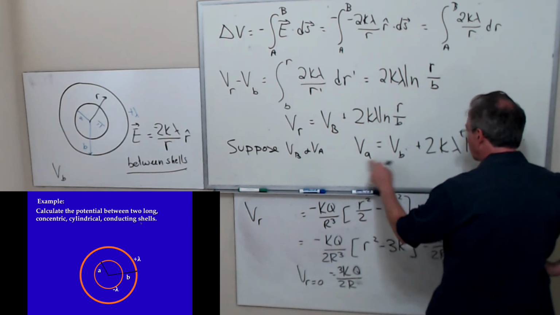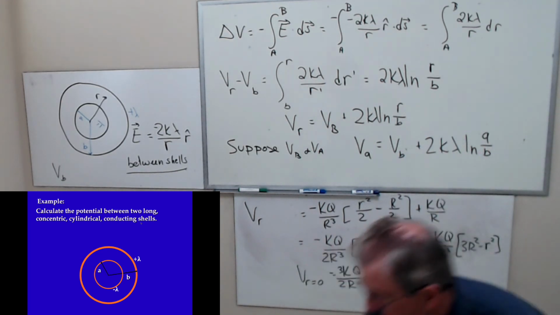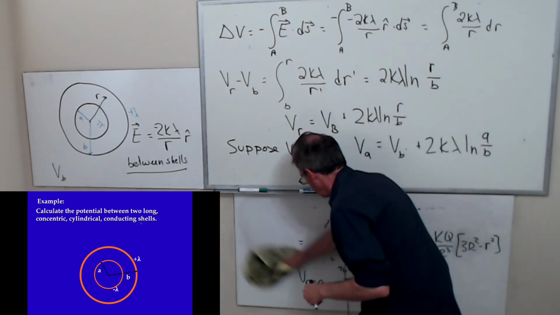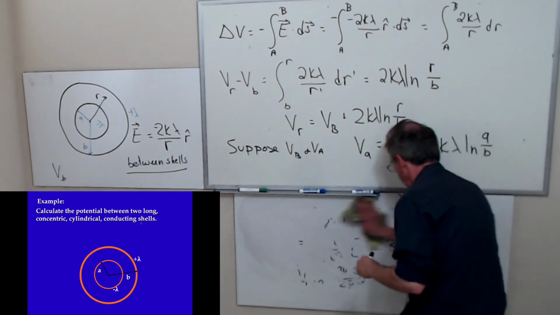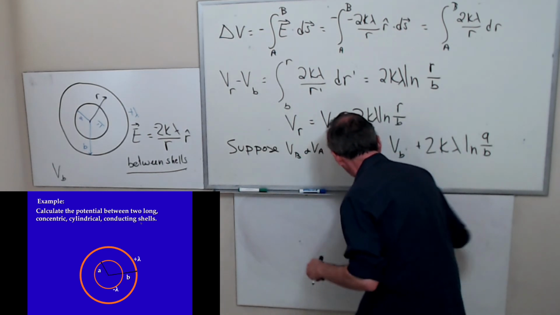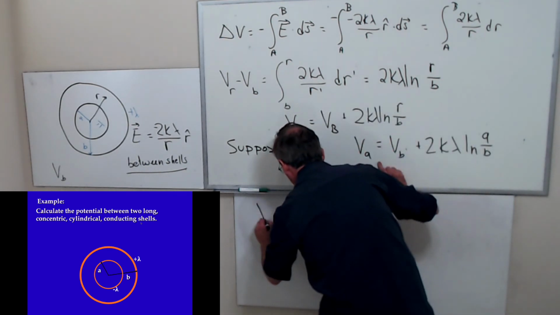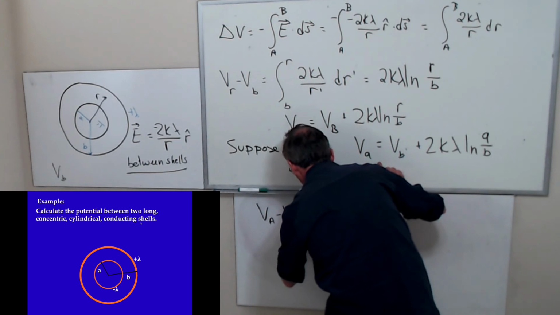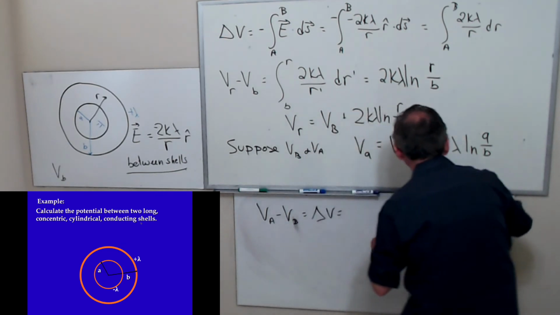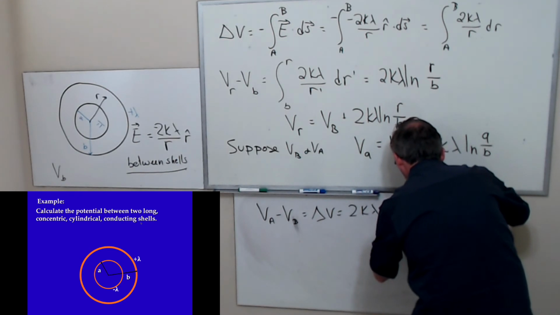If I know these two, or I know delta V, then I can solve for lambda. So V sub a minus V sub b, equal to delta V, is equal to 2k lambda natural log of a over b.